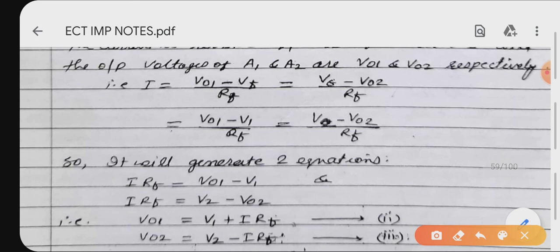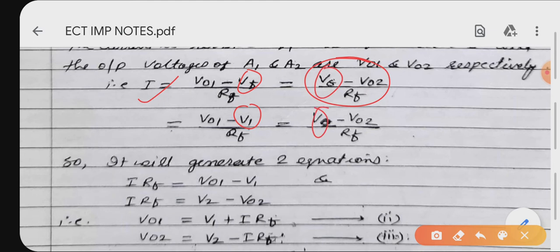Again, the same current is flowing through the two Rf resistors. Therefore, we can write I is equal to VO1 minus Vf, and Vf is nothing but V1. Similarly, I is equal to Vg minus VO2 divided by Rf, where Vg is nothing but V2.